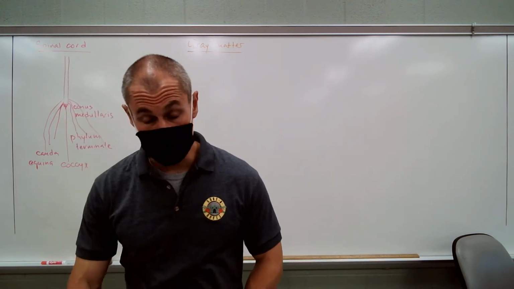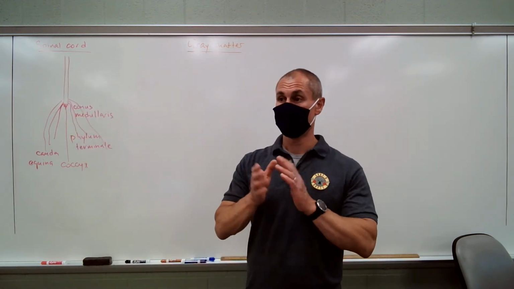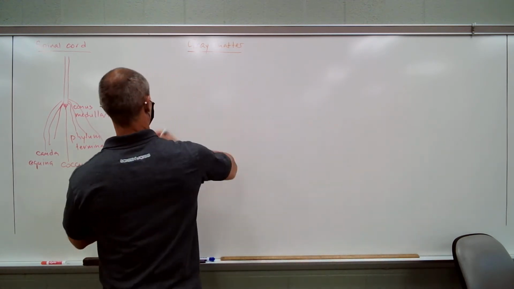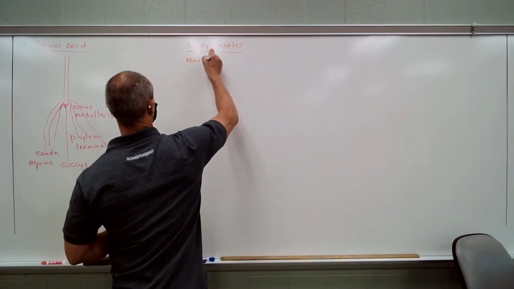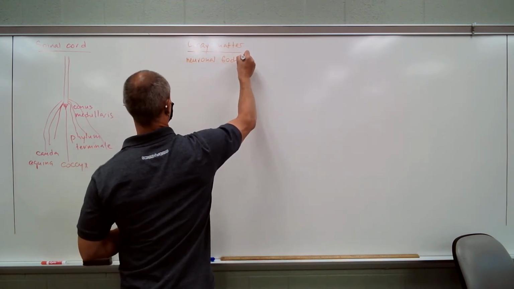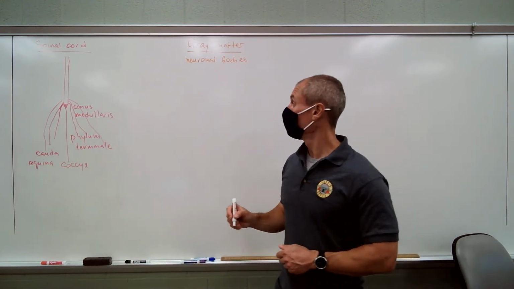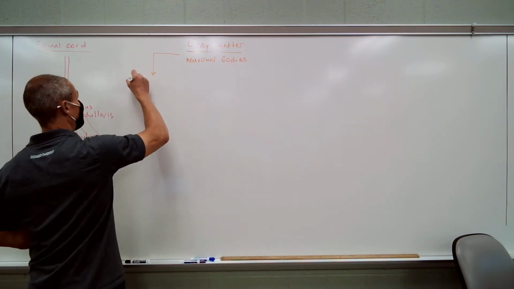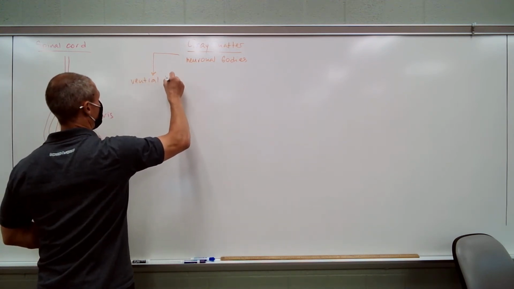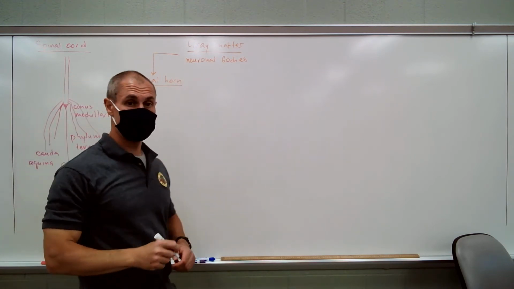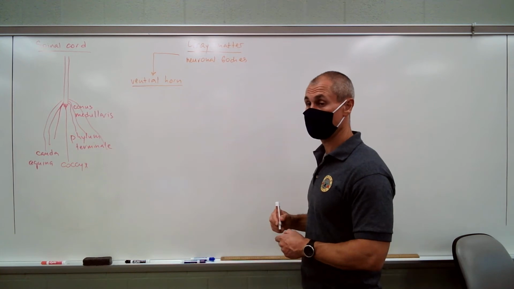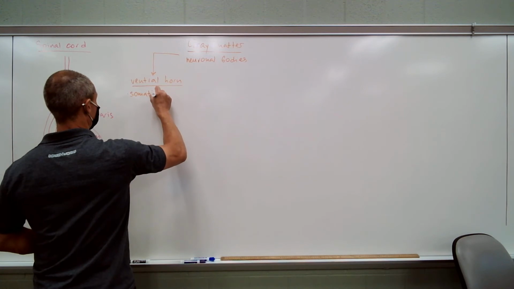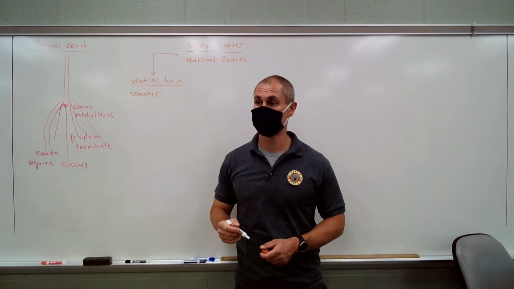Now, they all have different functions. Remember, gray matter contains neuronal bodies, okay? And what do they do? So, the ventral horn contains bodies of neurons that are somatic. Anyone remember what somatic means? Body.